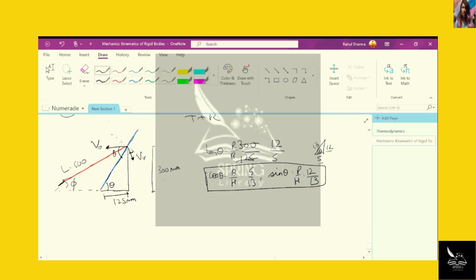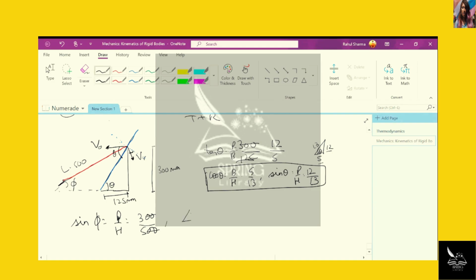So this is part of a right angle triangle. So sine phi, we can write not theta, phi, is perpendicular over hypotenuse. So perpendicular is 300 and hypotenuse is the length of the rod, which is 500 millimeters. Millimeters cancel, so it's 3 over 5.